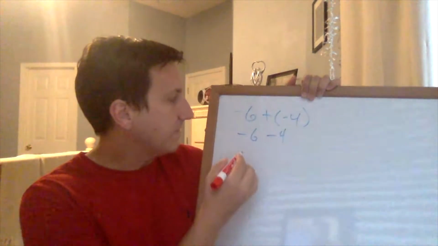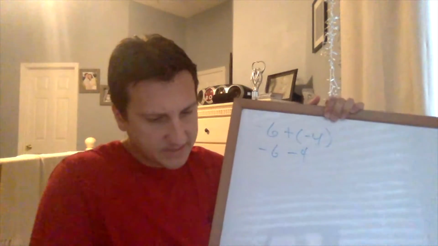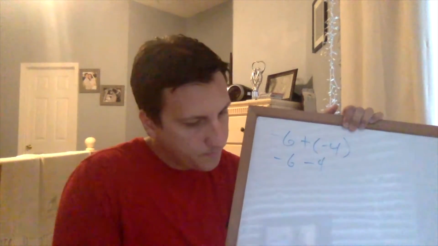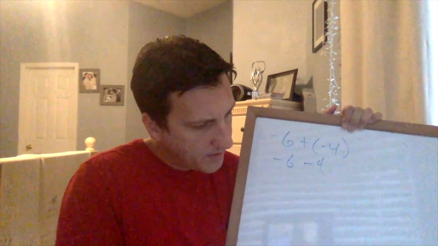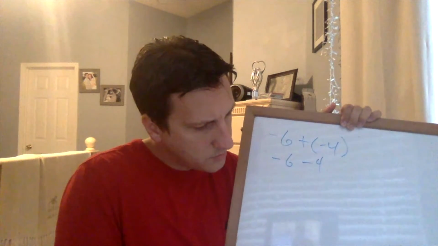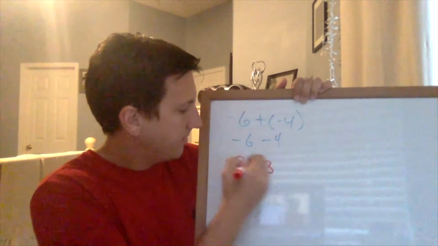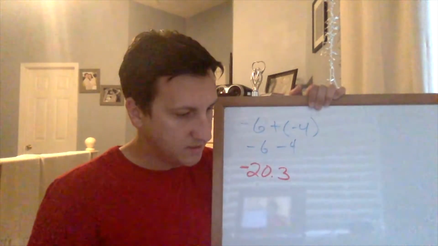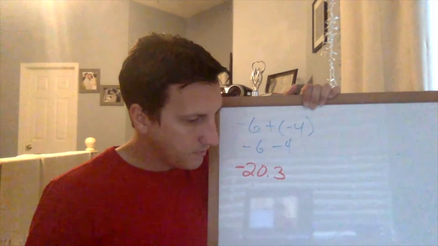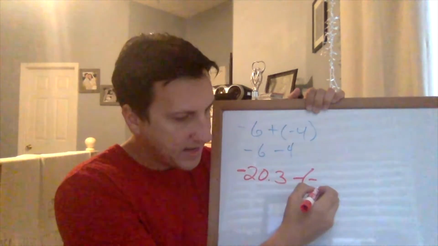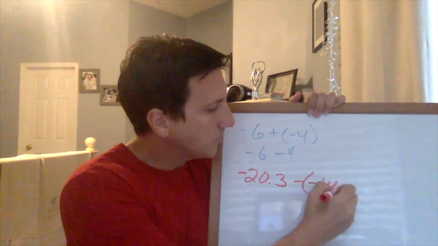So for instance, let's see an example here on page 122, how about number 23 there? It says -20.3, and yes, there might be decimals on there, so be ready for that. -20.3 minus -14.2.